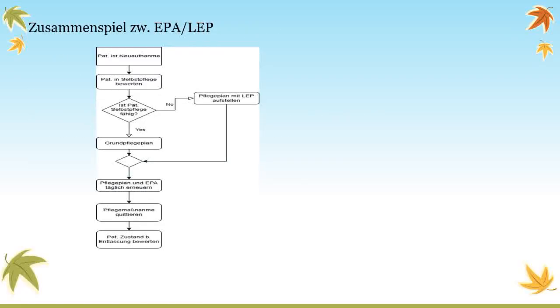Here I show you the process in a picture again. When a customer arrives as a new patient, I check him or her with the APAR method. If the patient can take care of himself, I only create a standard nursing plan for him.